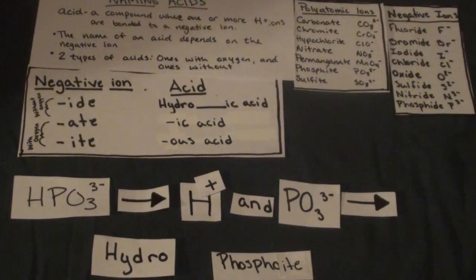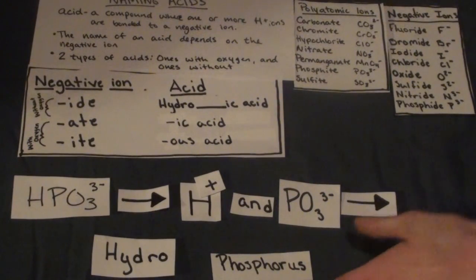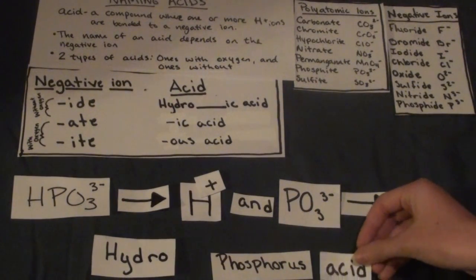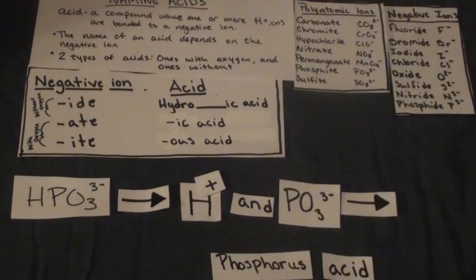Now, normally, since the ending is ITE, we would change it to OUS, like the rule says. However, this is an exception to that rule. Instead of making it phosphous, we add ORUS to the ending, making it phosphorous. And since this is an acid that has oxygens, we're going to take away the hydro. So we're left with phosphorous acid.